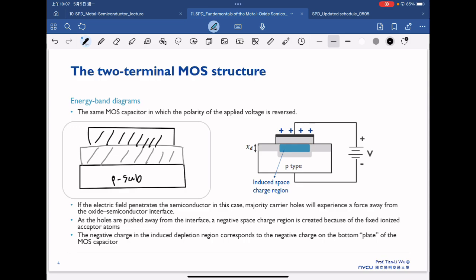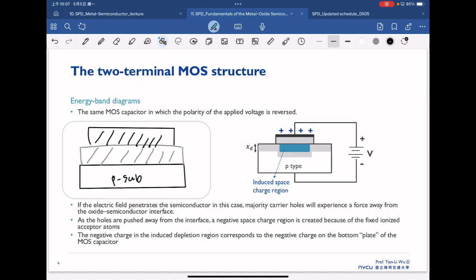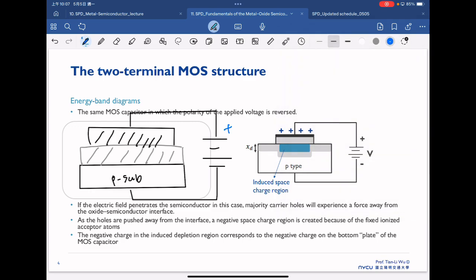But as I say, now we change the bias condition where we apply the positive on top and negative on the bottom. So we apply the positive on top.